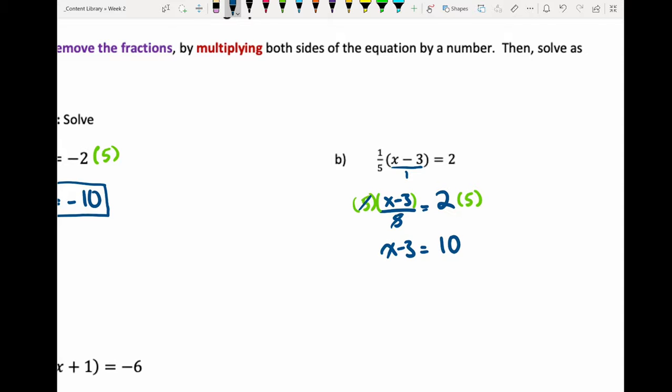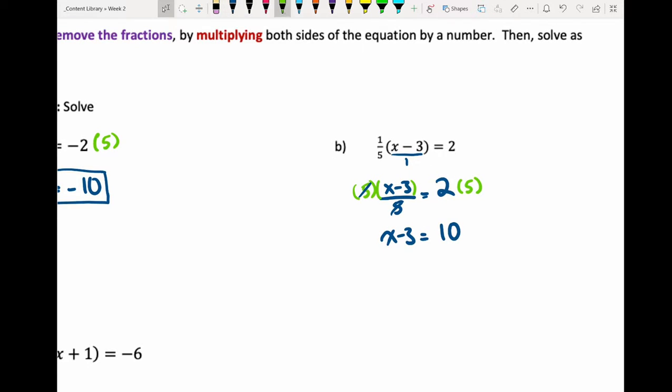Again, the reason I multiplied by 5 was because I had been dividing by 5, or that fraction was over 5. Now, this is a one-step equation that I'm used to. So to get rid of minus 3, I'm going to add 3 to both sides. x equals 13 is my final answer.